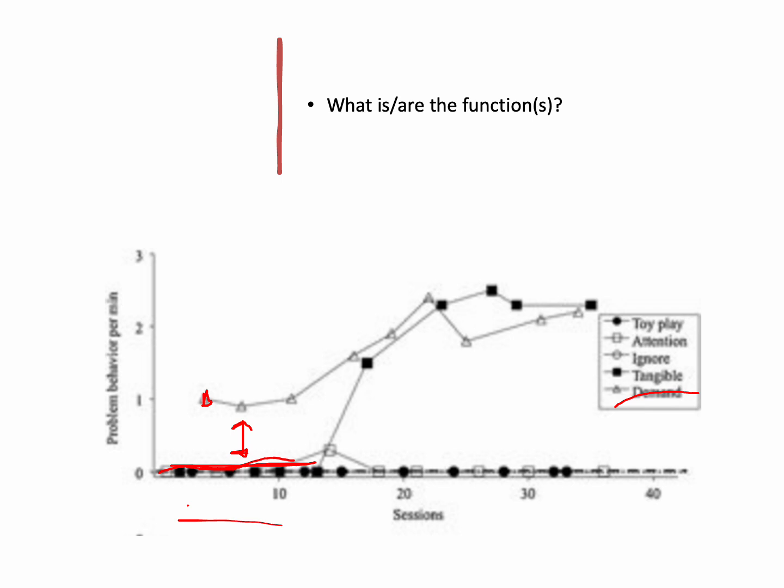So what they did was they continued the sessions, right? They continued to conduct sessions. And then what we started to notice was around this time, around session 13 more or less, we started to see some differentiation in the data with an additional data path. So we started to see that in the tangible condition, the behavior also started to occur. And it occurred consistently after that.